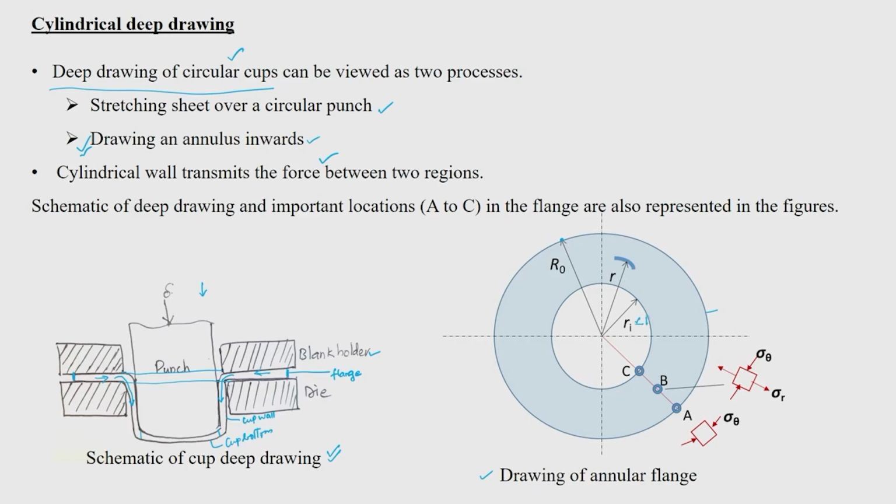You can also convert that into diameter and say punch diameter, and outside diameter as sheet diameter. You can see that the punch is actually perpendicular to the plane of this diagram and is moving downwards, let us say. Okay, the sheet is actually getting an inward movement.